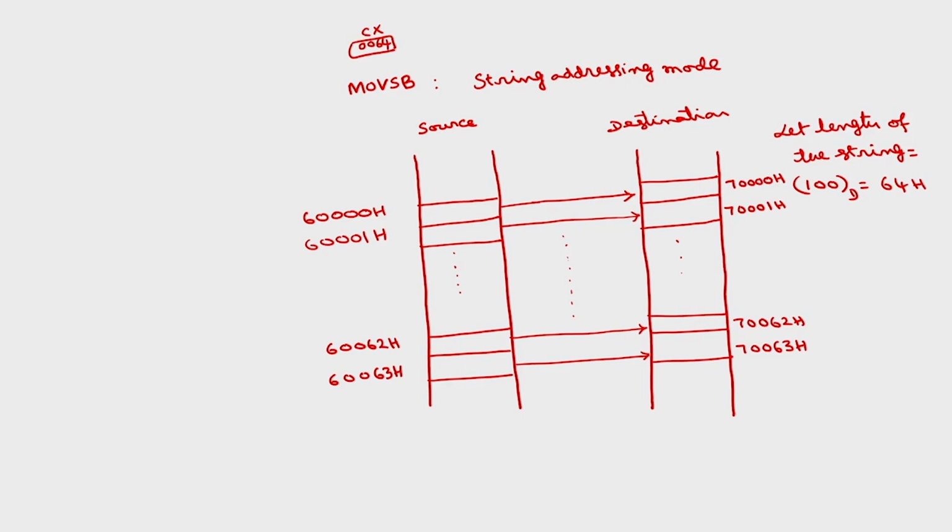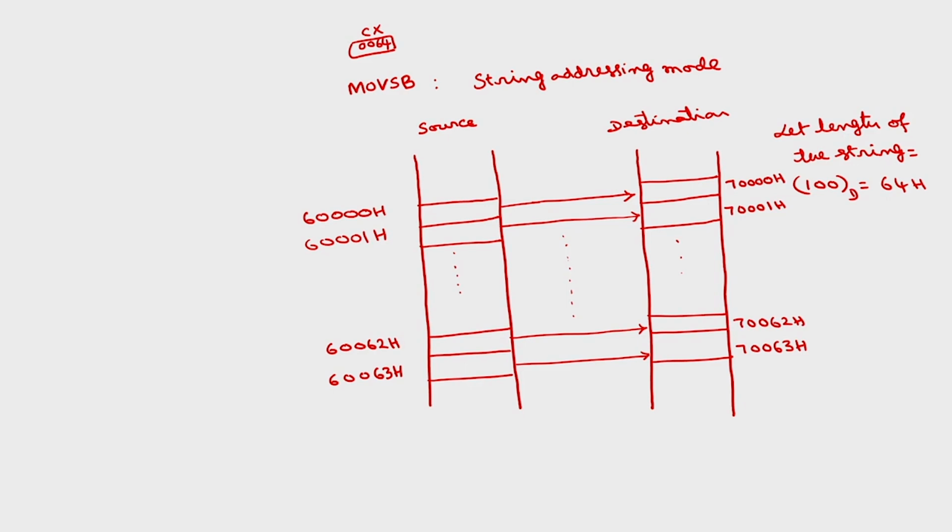Because CX is a 16 bit register whereas this is 8 bit data, the remaining two digits are 00. The maximum number of bytes that can be transferred is FFFFH, that is 64 kilobytes of data from one set of locations to another using the string instructions. So, by default the number of bytes to be transferred has to be taken into the CX register.